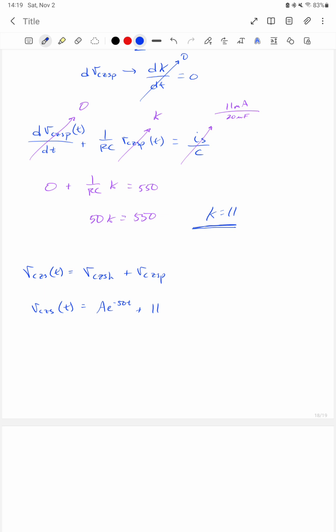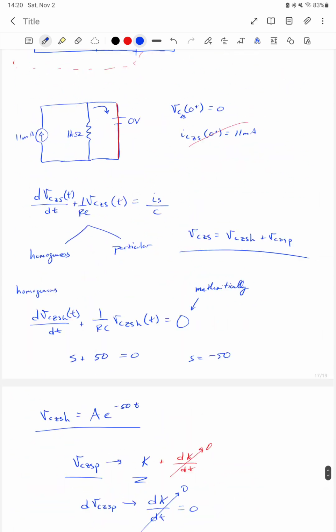Now, our job here is to plug in what we need in order to get our VC zero state, which is equal to 0, right? Well, I'm sorry, of 0 plus. We're using our initial conditions. This is an initial condition is what I'm doing right now. So plugging this in, we're going to find what this A is. So VC zero state of 0 plus. Well, our capacitor voltage is 0, right?